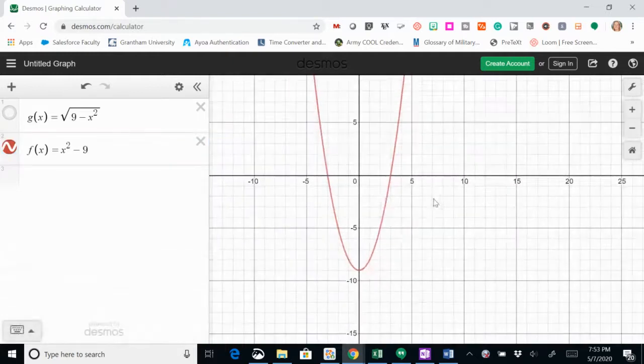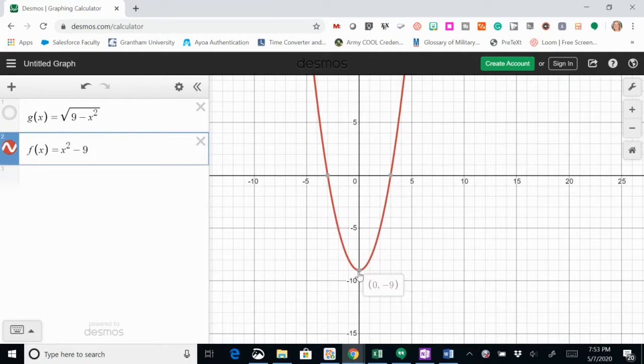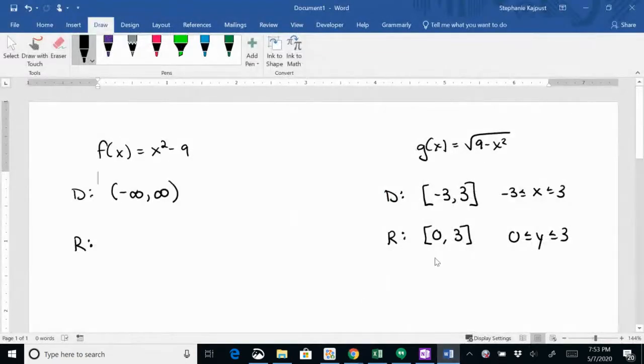Our low point here is at -9, and then it goes up forever towards infinity. So our output values, our y values, are -9 to infinity. That is the range, and it includes -9. Or if you want to write that as an inequality, it's y is greater than or equal to -9.